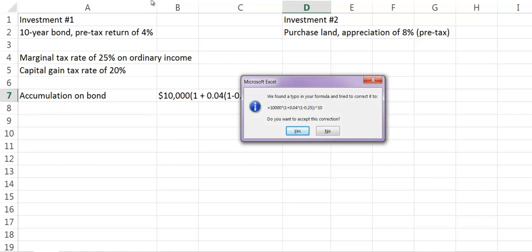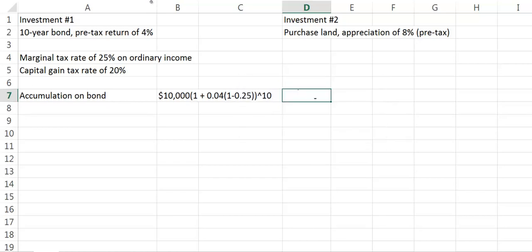Of course, Excel doesn't think so, so I'm going to let it correct it. Okay, excellent. Now you notice that that number went down, and the reason why it went down was because of the tax on the interest that we're earning on the bond. So this amount right here is the accumulation on the bond after tax. It's the after-tax amount of the bond after 10 years.